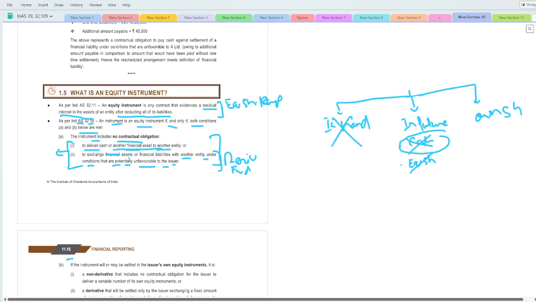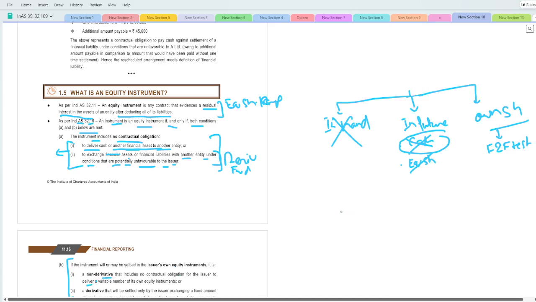And now this part is your own shares. In the own share, what I explained to you yesterday is that to classify under the equity instrument, the fixed to fixed test should be passed. That means for the non-derivative leg, that is to deliver.